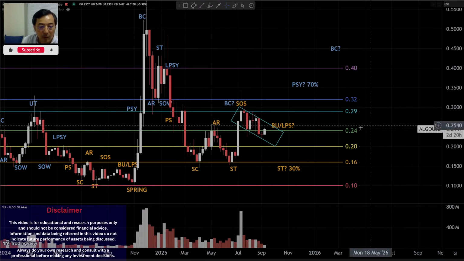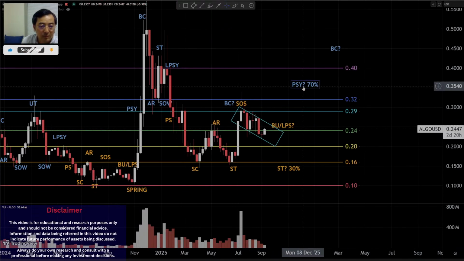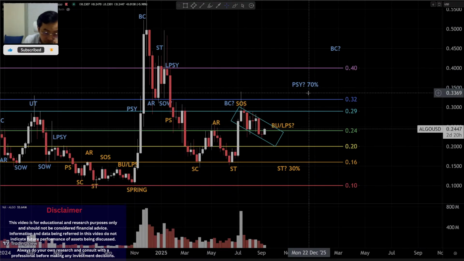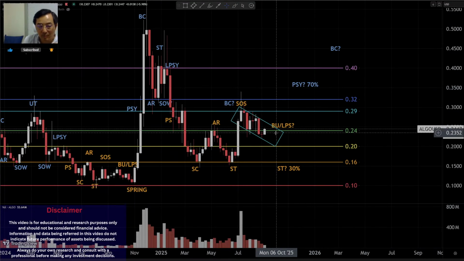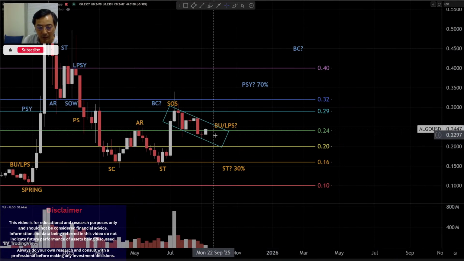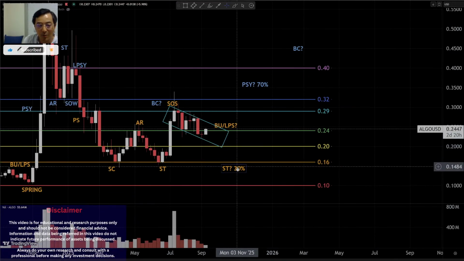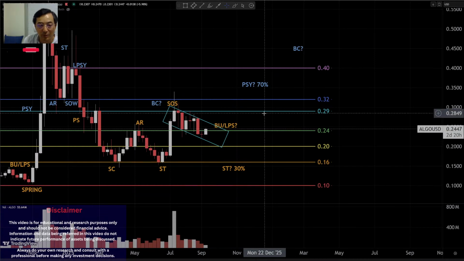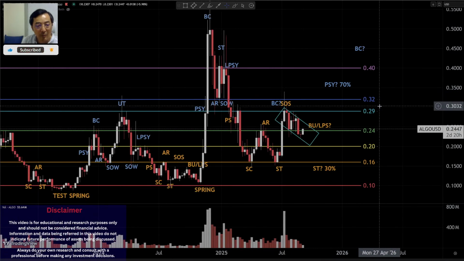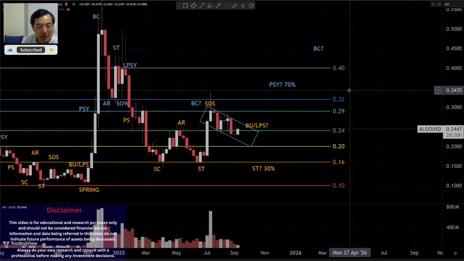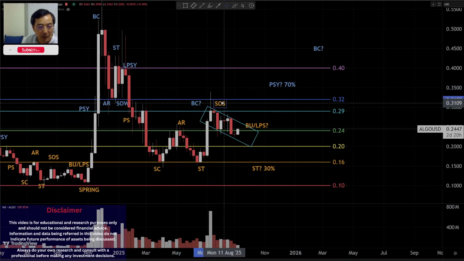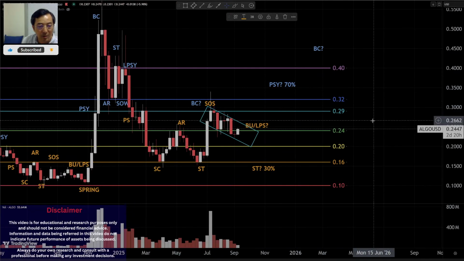So we hope Algorand goes to the upside, especially if you're a bull. If you're a bear, I already mentioned, it can continue to follow this trend going downwards until it breaks out of this bull flag and hits or challenges one of the key levels, much like what happened over here back in mid-July.